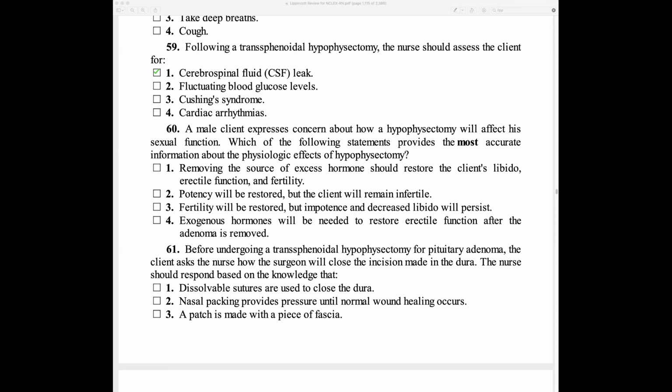It could be a CSF leak, right? And so how are we going to test that clear drainage? What are we going to test it for?